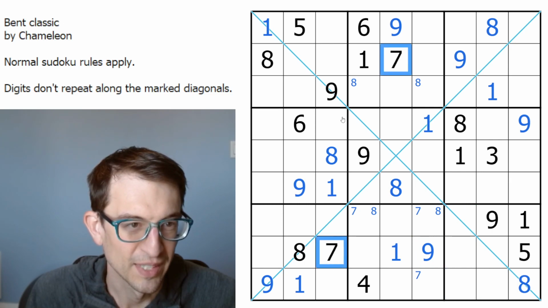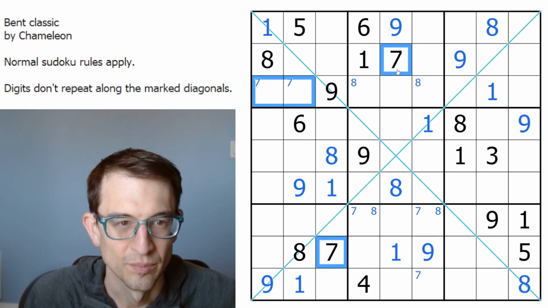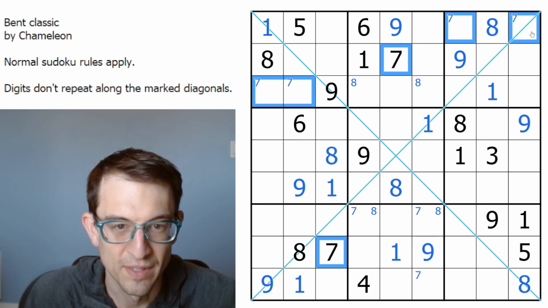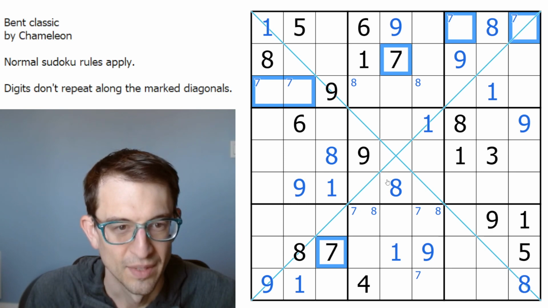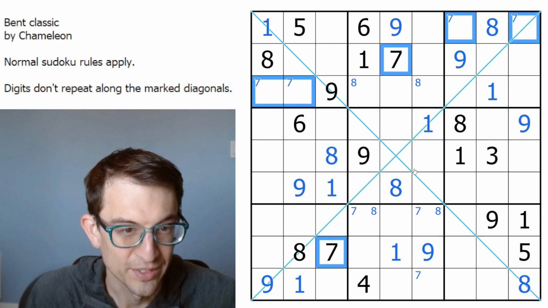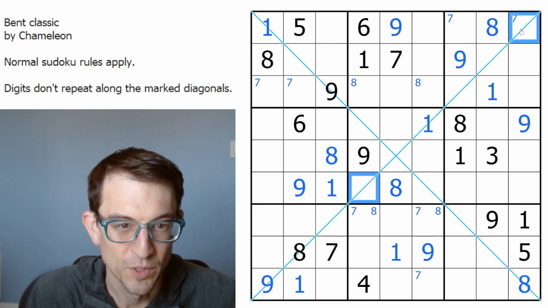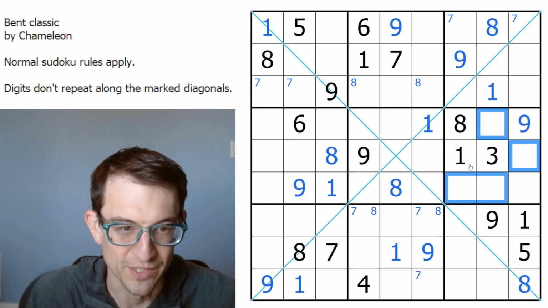So where are 7s? Okay, one of these is a 7. One of these then is a 7. In the middle, it could be really anywhere along the diagonals. It's one of those two, which means it's not here, but this box doesn't really have any 7 restrictions yet.